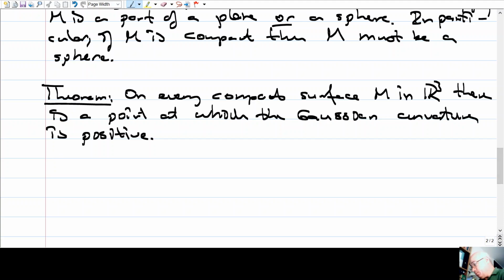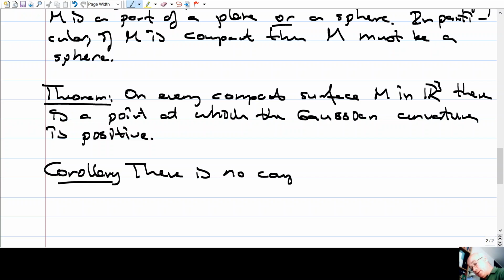Let's see the proof. Well, maybe let me write a corollary of this. Immediate corollary. There is no compact surface in R3 with Gaussian curvature always negative.